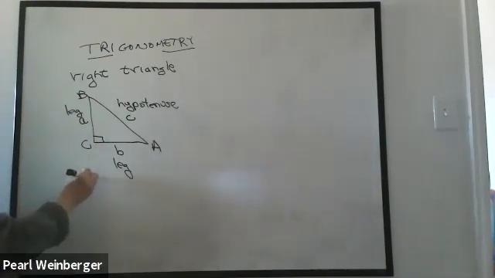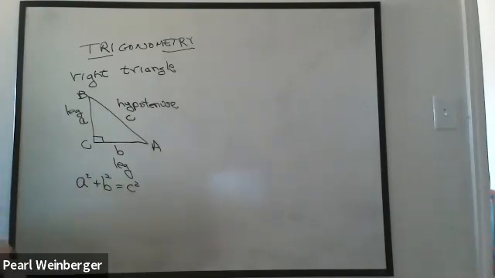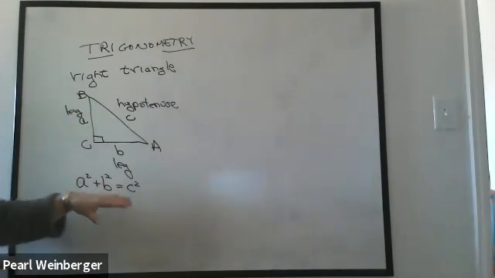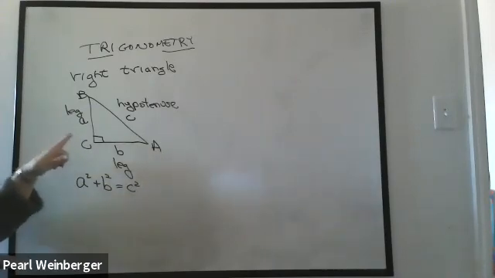That a squared plus b squared equals c squared. Notice I'm using lowercase letters, so I'm talking about the sides. This doesn't have anything to do with the angles. The only thing we must have is that one of the angles, the angle C, is the right angle.